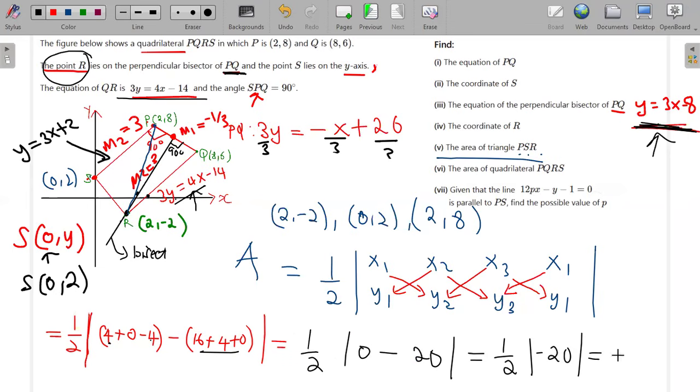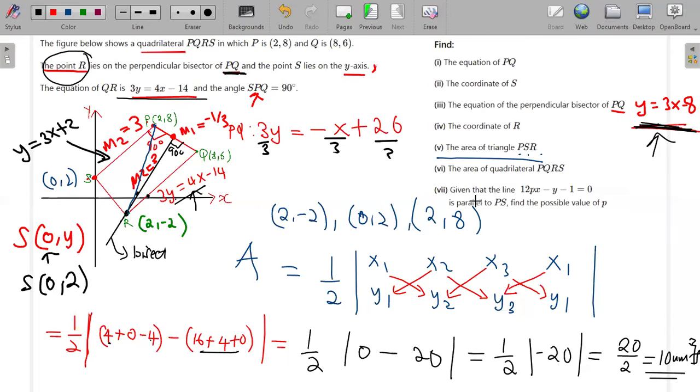So this is the same as 20 divided by 2, and that is just going to give me 10 units squared, because it's the area. So we can find the area of any triangle using this method as long as we've been given the points. Or if you want, you can find the height and the length, and then you multiply. You're still going to find the same answer.